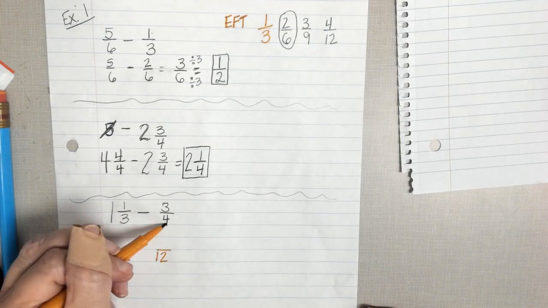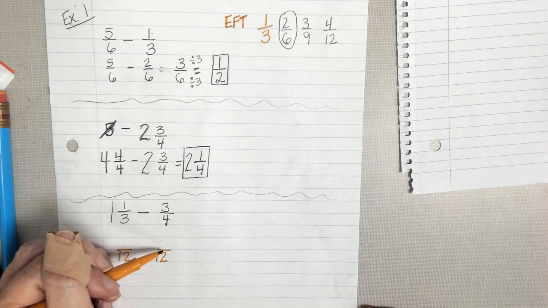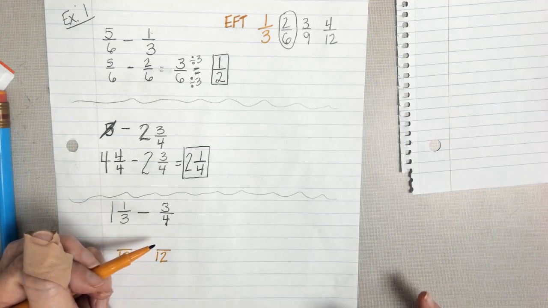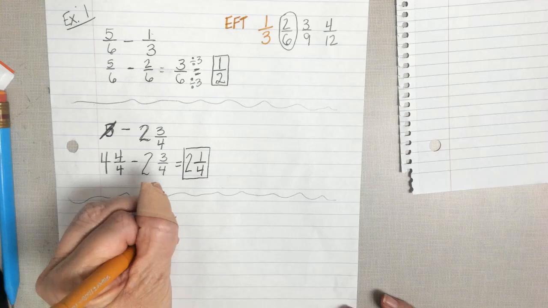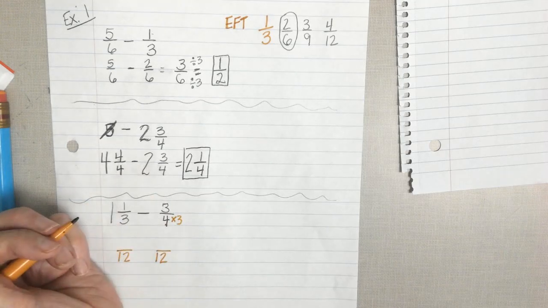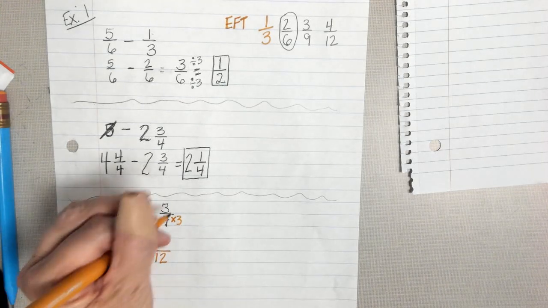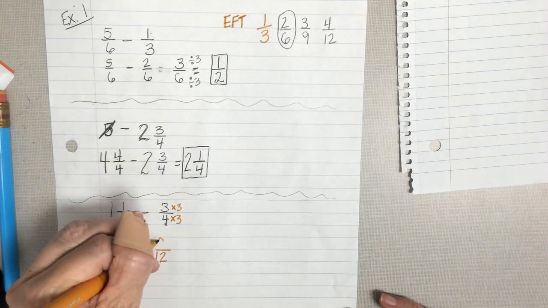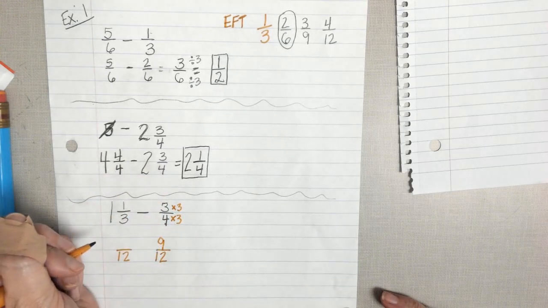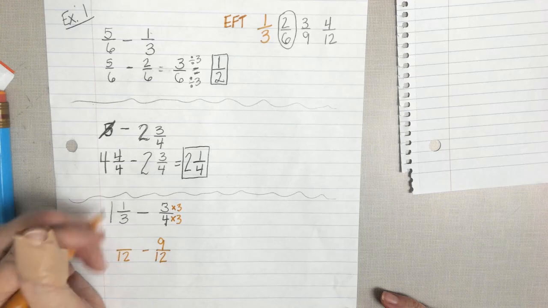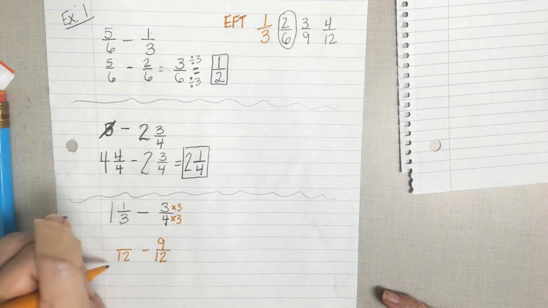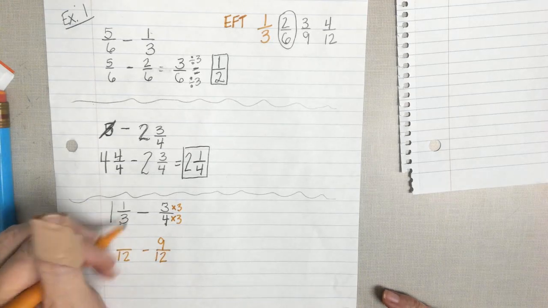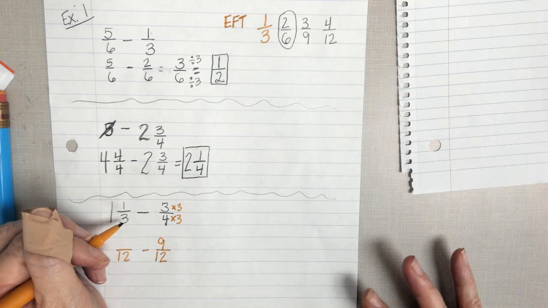So how many groups of 4 will get me to 12? Well, that's 4, 8, 12. So that would be 3 groups. Remember, if we rename the denominator, we must rename the numerator too. So that becomes 9/12. Minus, how many groups of 3 will get me to 12? So we have 3, 6, 9, 12.